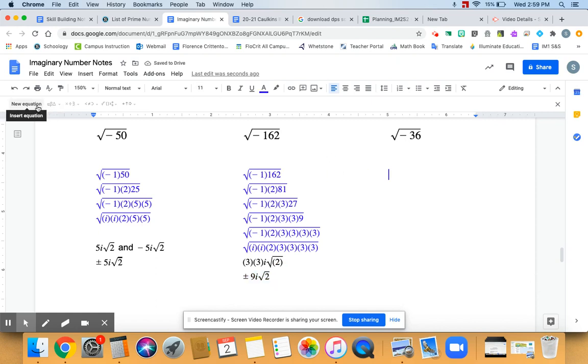All right, square root of negative 36. What does negative 36 break into? Skipping all of the steps, the negative 1 should become an i times an i. 36 divides into 2 times 2 times 3 times 3.